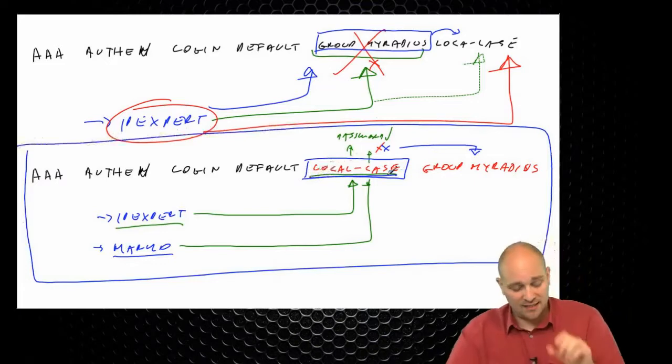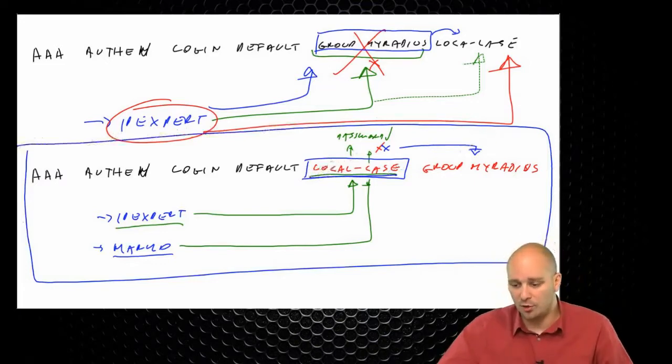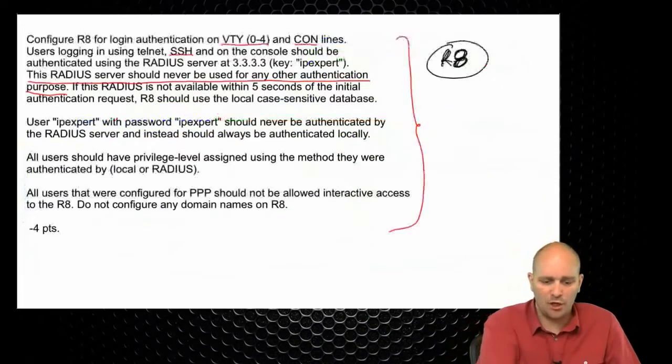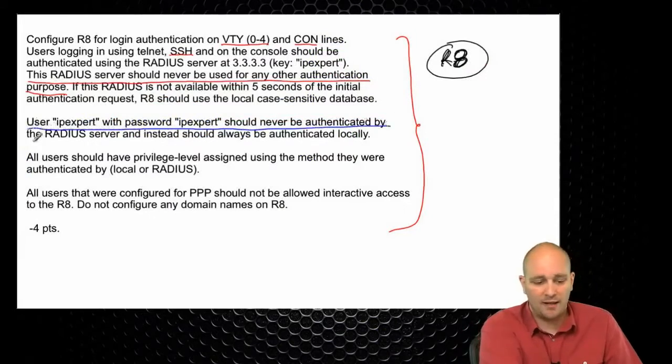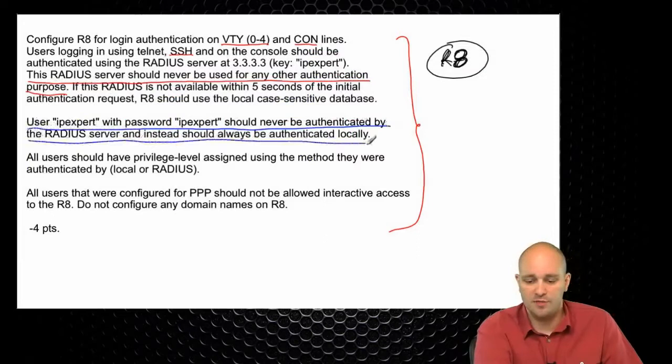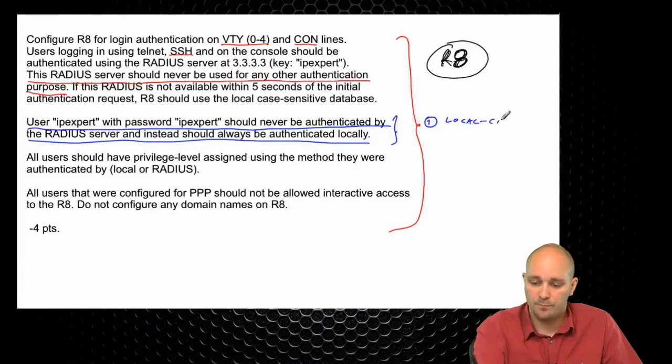So in our case, in order to solve the requirements of the task here, that user IPExpert should never be authenticated by the Radius server and instead should always be authenticated locally, what we need to do is first use local case and then use the group myRadius for authentication.